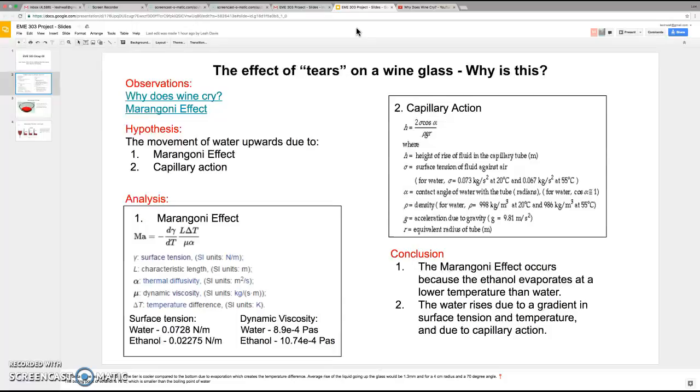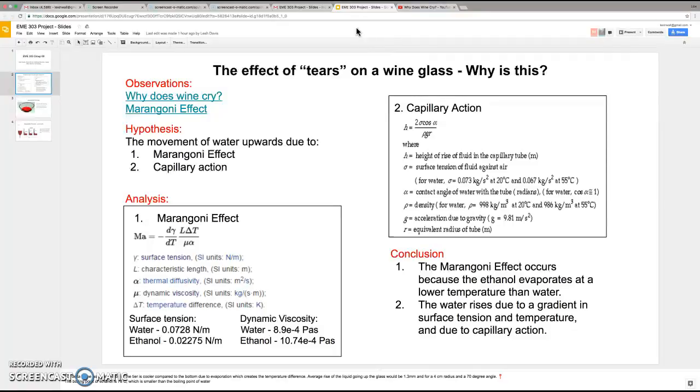So the little bit of water where the ethanol evaporated has a higher surface tension than the wine. That means that the wine will move up towards the higher surface tension area, and then gravity will pull it back down. The change in temperature is due to cooling that occurs when evaporation occurs.